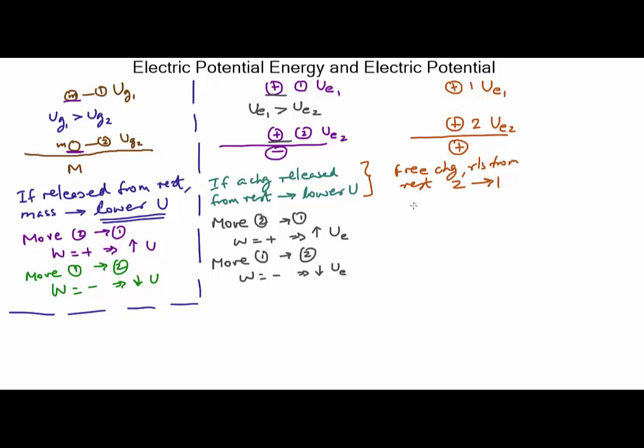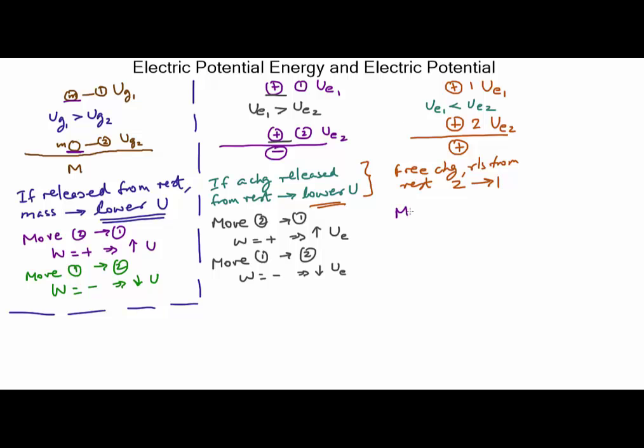And so that tells us that potential energy at point 1 has to be lower than the potential energy at point 2, because this fact is always true. When you release a charge from rest, it goes to a lower potential energy. So going from 2 to 1 tells us that UE1 is in this case less than UE2. Opposite conclusion from what we had before.